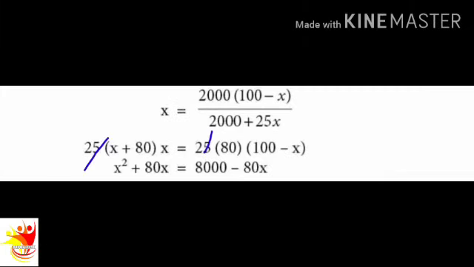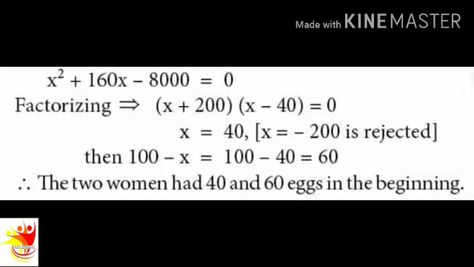Now 25 is cancelled, therefore x into x square plus 80 into x, 80x equal to 80 into 100, 8000 minus 80 into x, minus 80x. We form a quadratic equation, x square plus 160x minus 8000 equal to 0.